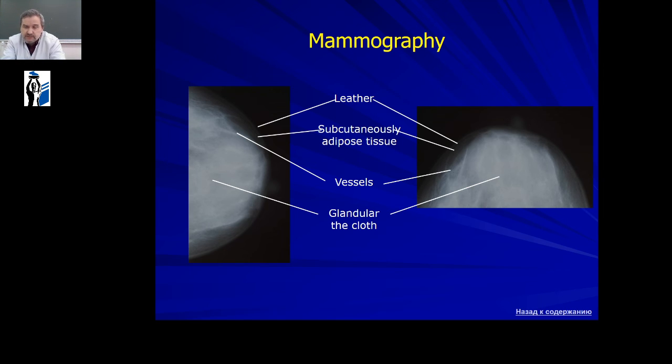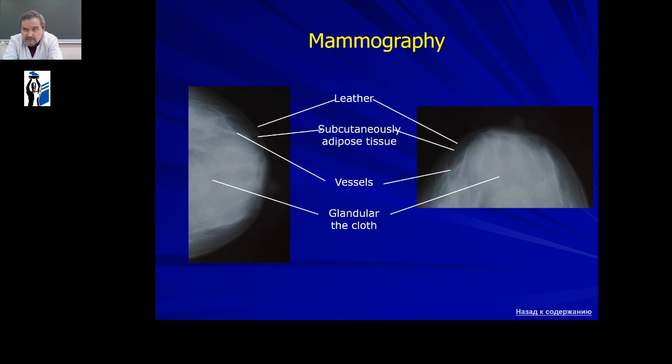Another special type of X-ray diagnostic. This is mammography. Mammography is a special method of X-ray diagnostic with high dose to differentiate soft tissues. And we can see leather, then we can see subcutaneous adipose tissue, we can see vessels, and glandular tissue.